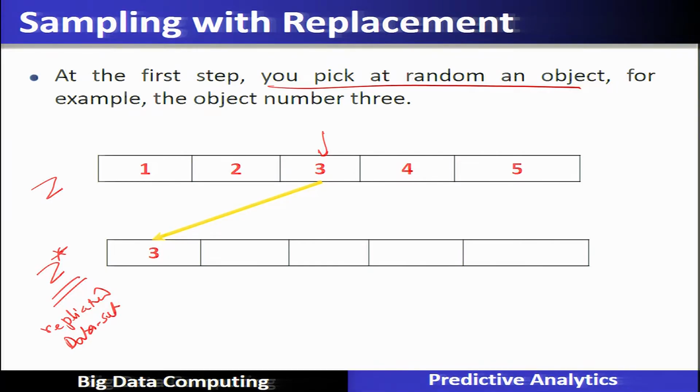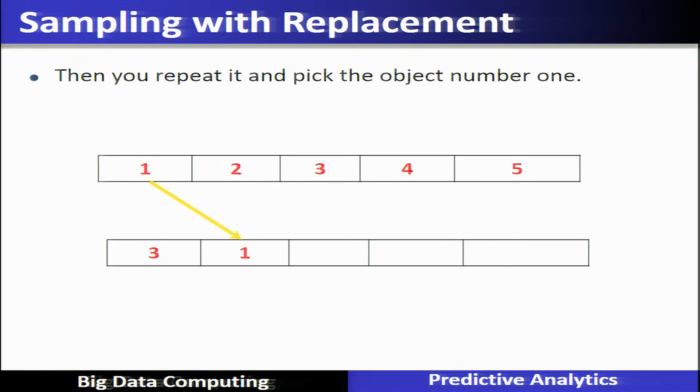Now, next we will pick another object at random. Let us say that this time we are picking object number 1, and we will now replicate it at position number 2 in the replicated data set.